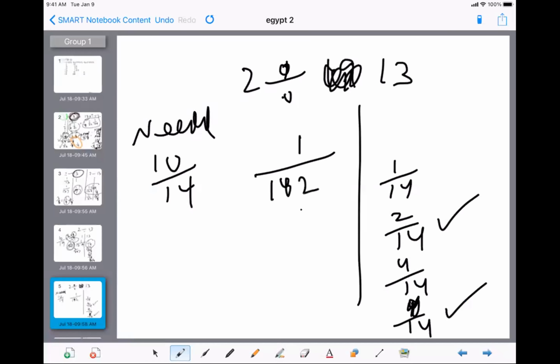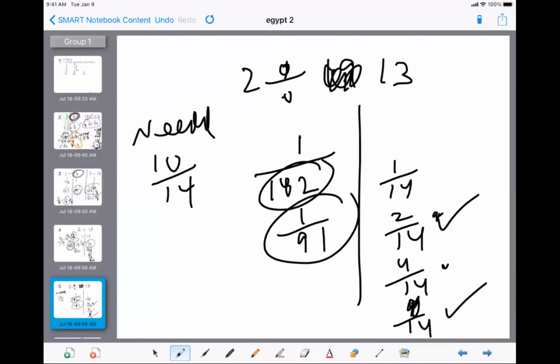But now I would run into a problem again. You can only divide this in half so many times until it eventually is going to turn odd. So eventually it turned to an odd one. So to go from 2 over 14 to 4 over 14, I have to look up what's 2 over 91 on the chart. And it's a tremendous thing.